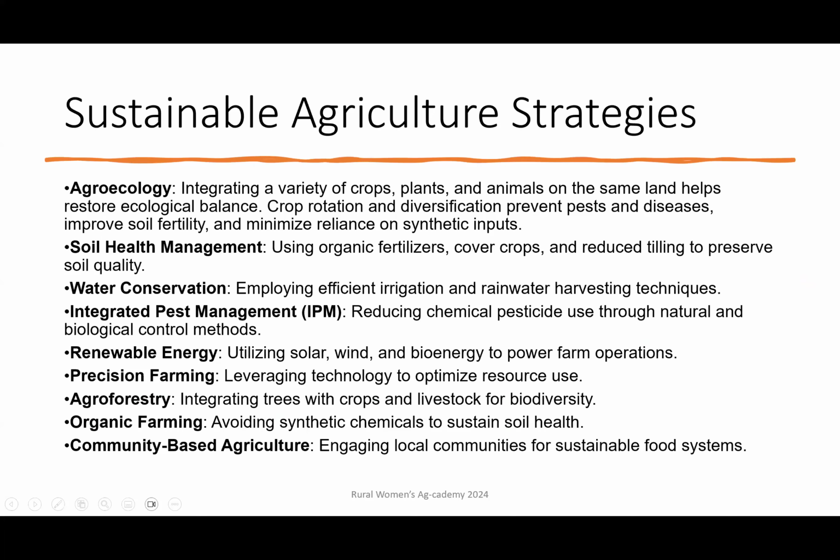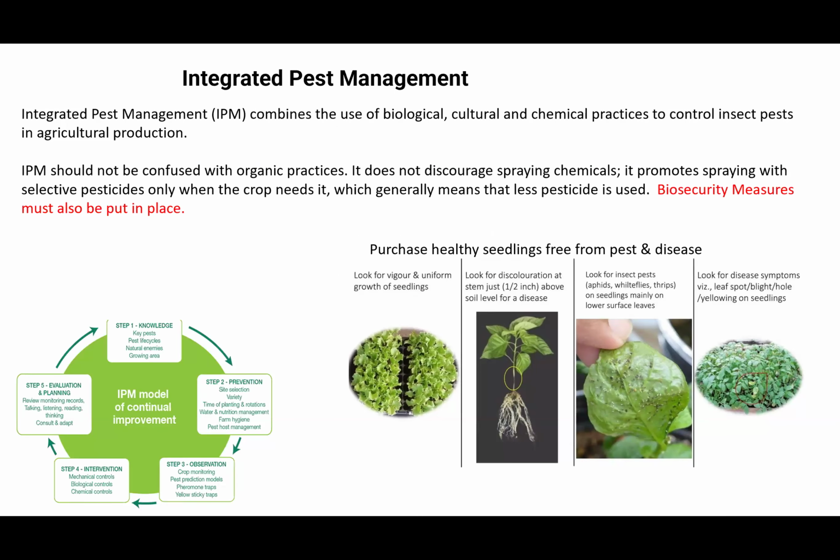Right, so let's get into integrated pest management. When folks hear about integrated pest management, sometimes they think this is a situation where you cannot use chemicals, right? But your first resort should not be using chemicals. Your first resort is to see what you can use, either a cultural practice, a biological practice, or some biopesticides, right?